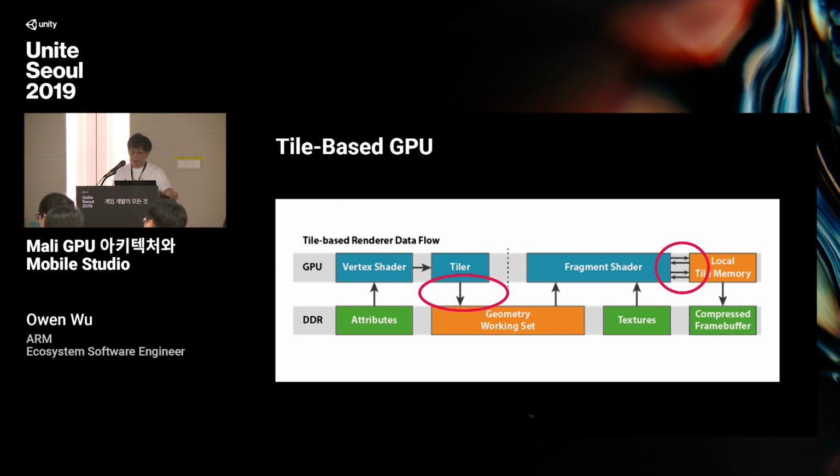One thing I need to mention is that there is extra external memory read and write access for the tile list, which an immediate mode GPU doesn't have. So extra geometry passes on mobile devices are usually more expensive than on desktop.